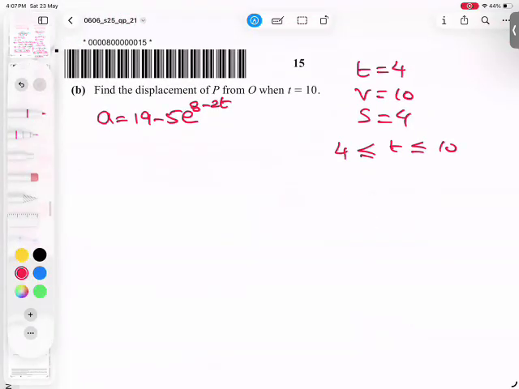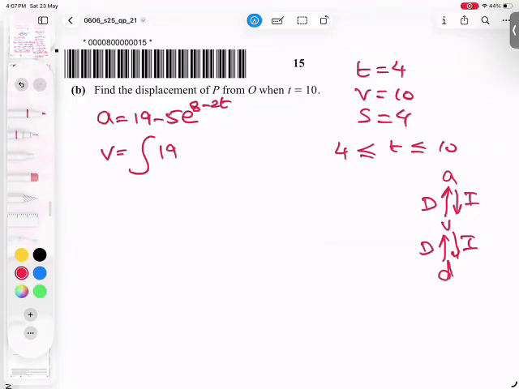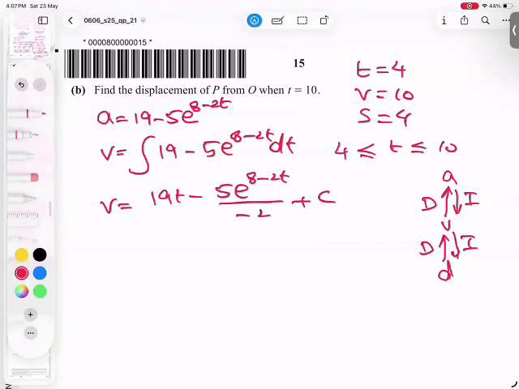Same criteria: displacement, velocity, acceleration. Going up, differentiation; coming down, integration. So displacement equals the integral of 19 minus 5 e to power 8 minus 2t dt. 19t, and what is this integration, students? First copy completely as it is, divided by -2, plus c. I think this part is very clear. I'm getting 19t plus 5 over 2 e to power 8 minus 2t plus c.